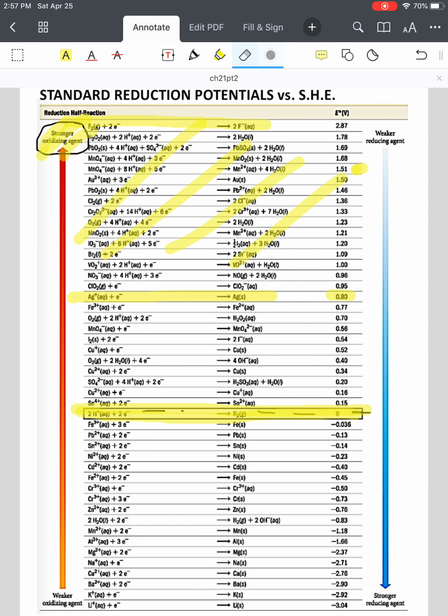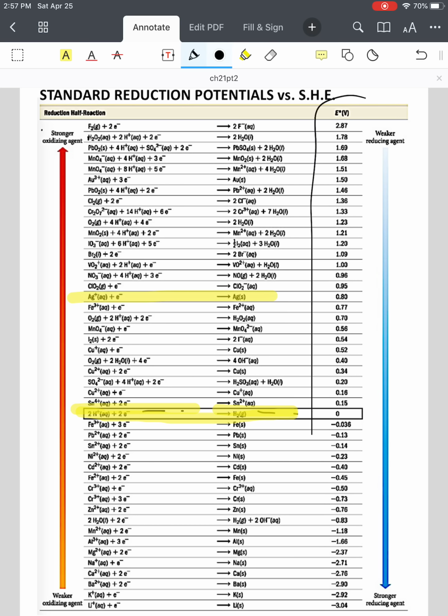But another thing that's really useful about this table and cool about it is that they give us actual numbers, don't they? For standard reduction potentials for all these different substances.